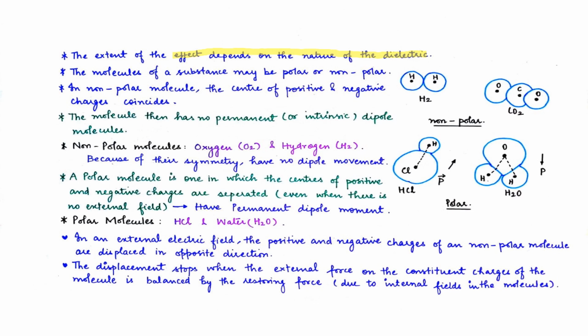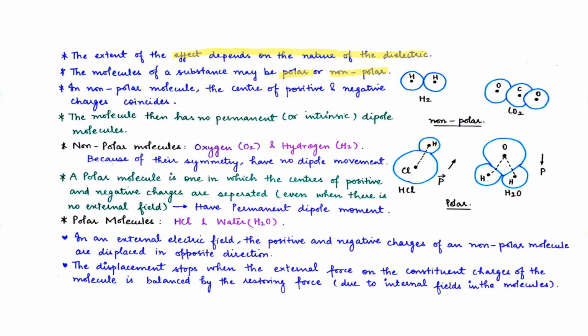But if they have less ability to get polarized, they will do less reduction of the outside electric field. The molecules of a substance may be polar or non-polar already.